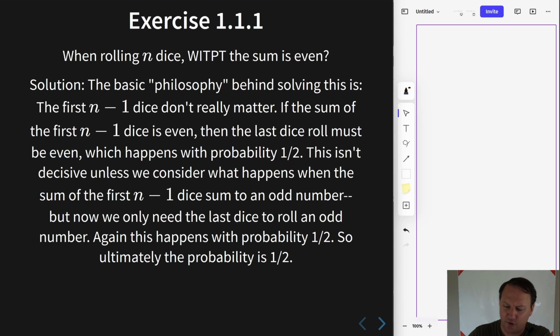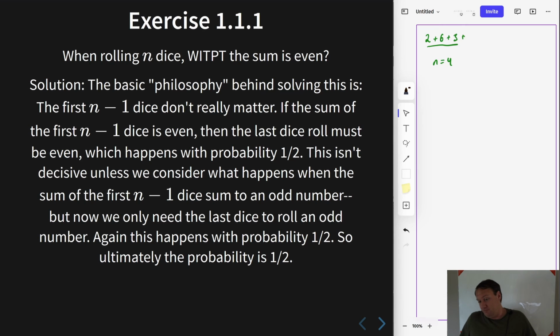So, just for example, imagine that you rolled a 2 and then a 6 and then a 3, and let's say that we're talking about n equal to 4, so that we have one more roll. So the first n-1 rolls landed us on an odd number.